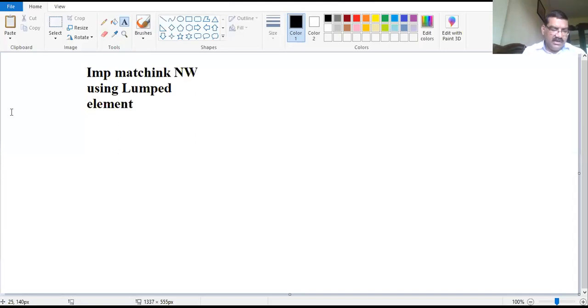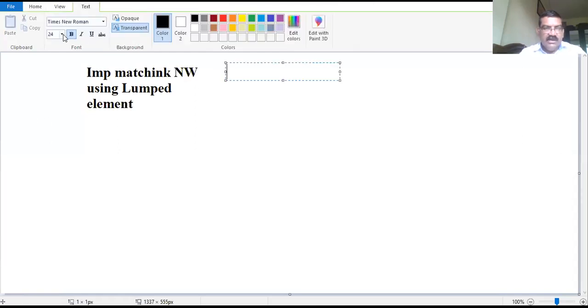Now we will discuss the problem, that is, what impedance matching we have to do. Here some things are given. So what is given? Your impedance is always matched with the load. So your ZL is given.